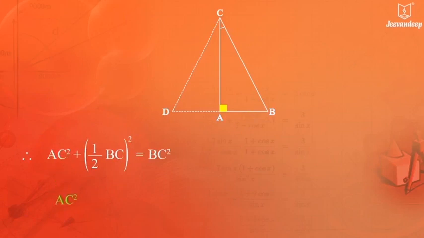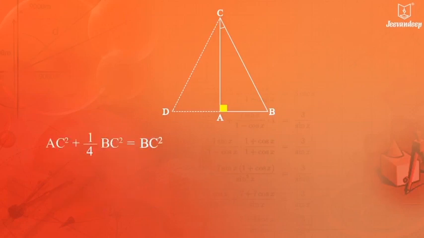Or AC square plus 1 by 4 BC square equals BC square. Rearranging the equation, we get AC square equals BC square minus 1 by 4 BC square. Therefore, AC square equals 1 minus 1 by 4 BC square.